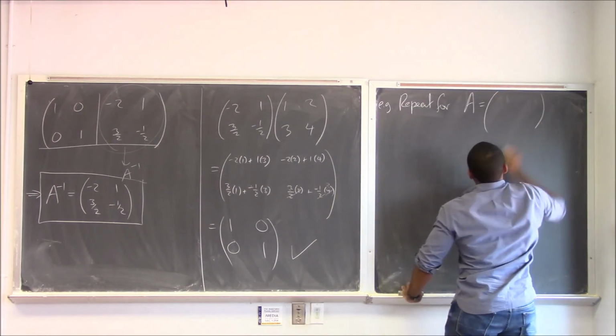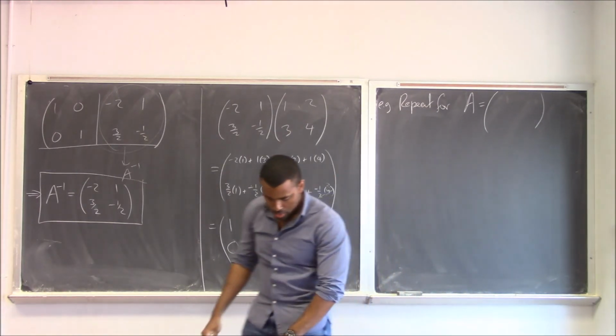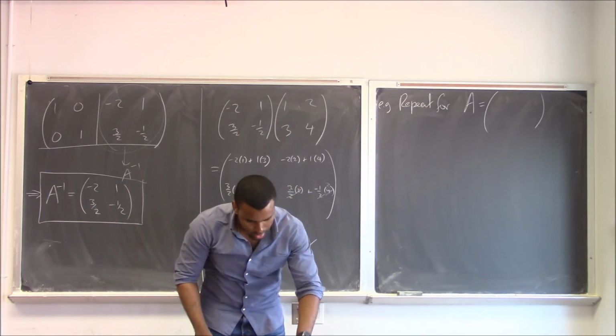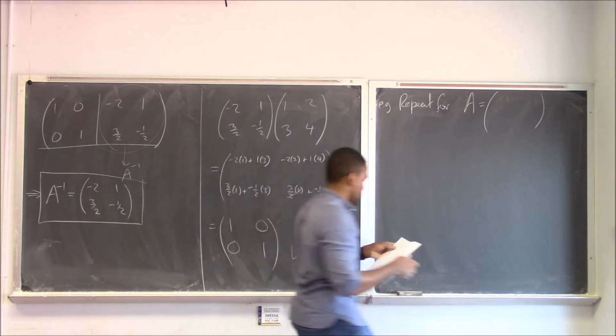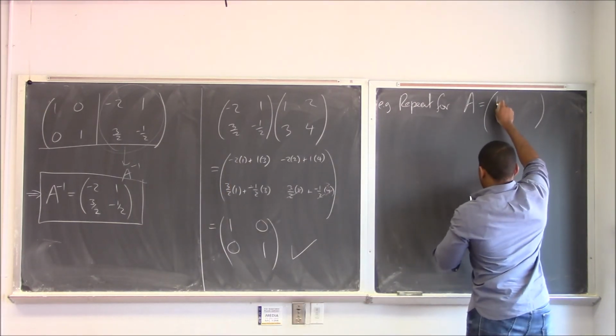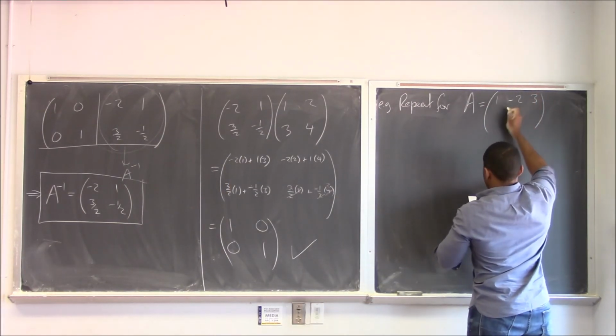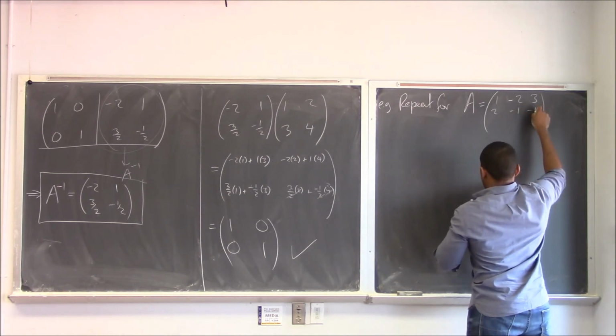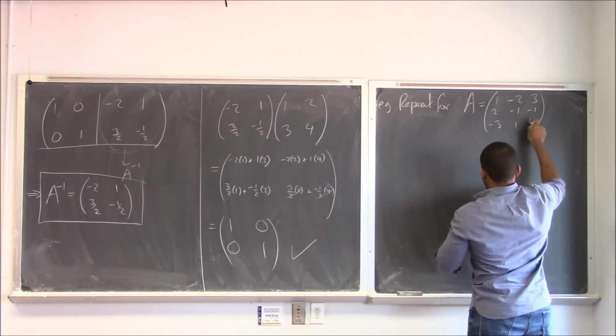Give it a slightly bigger matrix now, and we'll end with this example. 1, -2, 3, 2, -1, -1, -3, 1, 4.